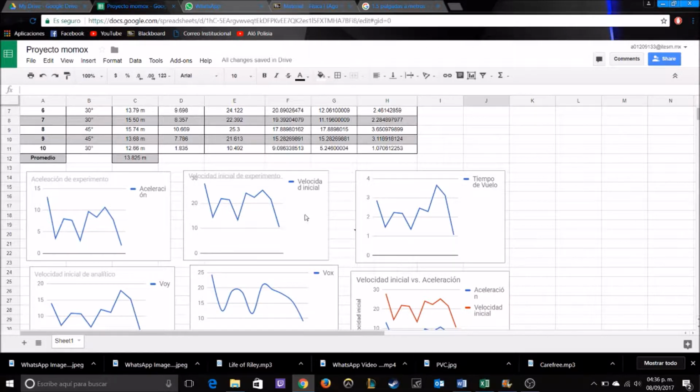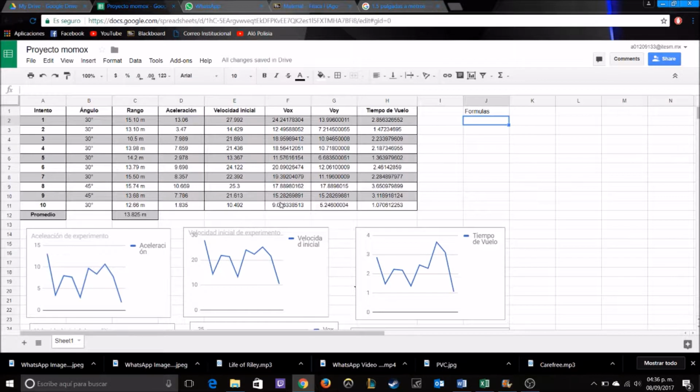You could say the same for the initial velocity, because since the acceleration changes, the initial velocity also changes. Also, you can see that this graph and this graph are exactly the same, just the initial velocity is a little up in the y-axis.